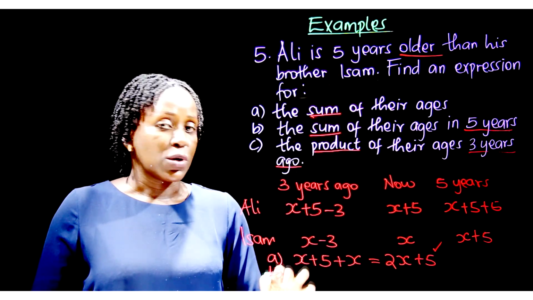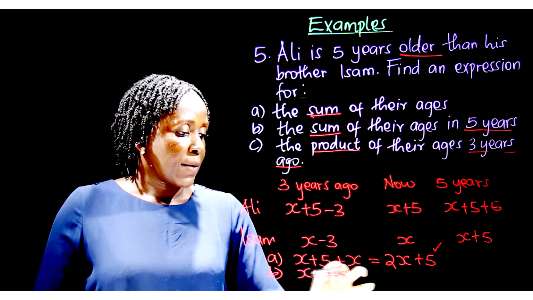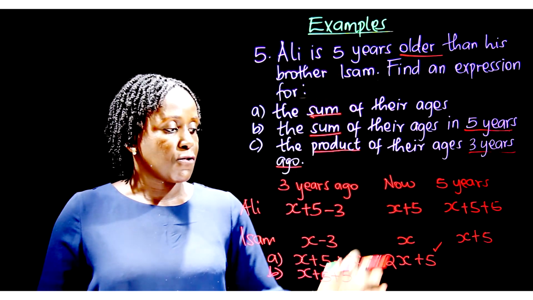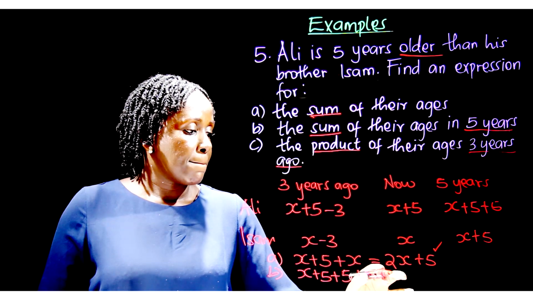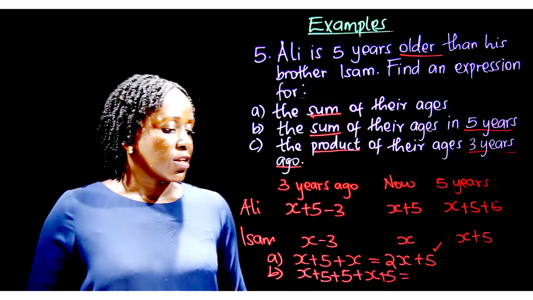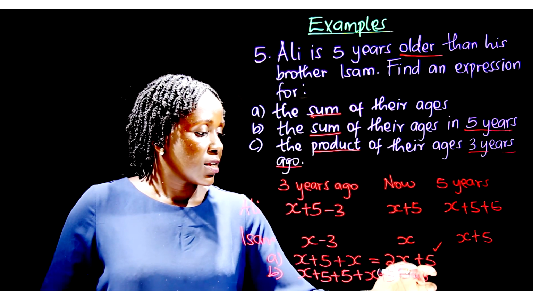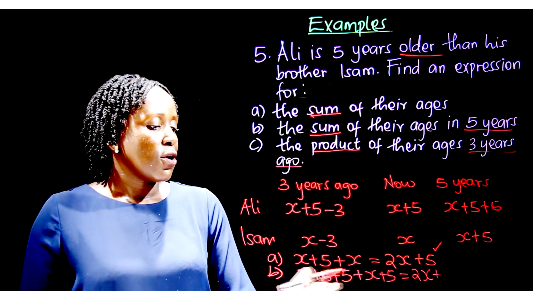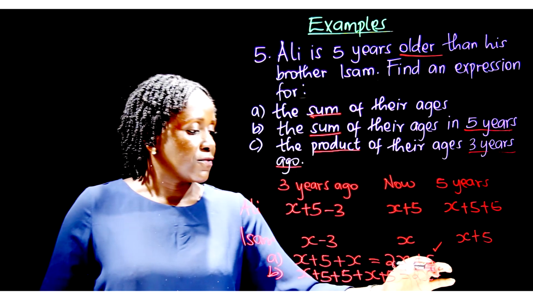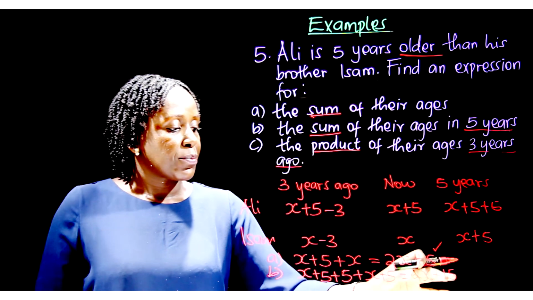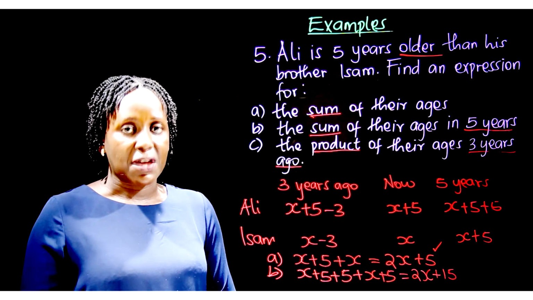So, the sum will be x plus 5 plus 5. That is the age for Ali. And the age for Isam is x plus 5. So this is equal to x plus x is 2x, and then 5 plus 5 is 10. 10 plus 5 is 15. So this is the expression representing the sum of their ages in 5 years.